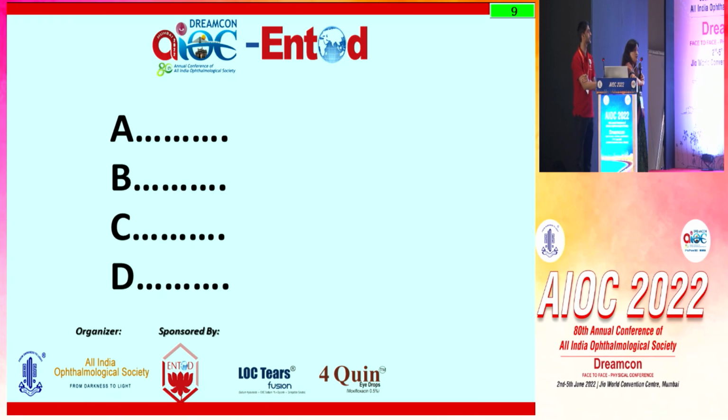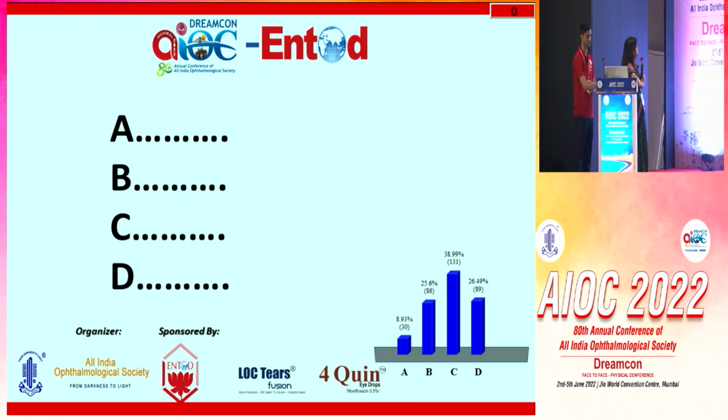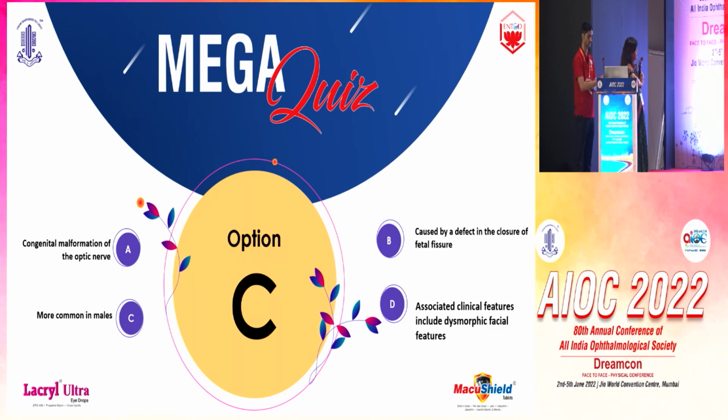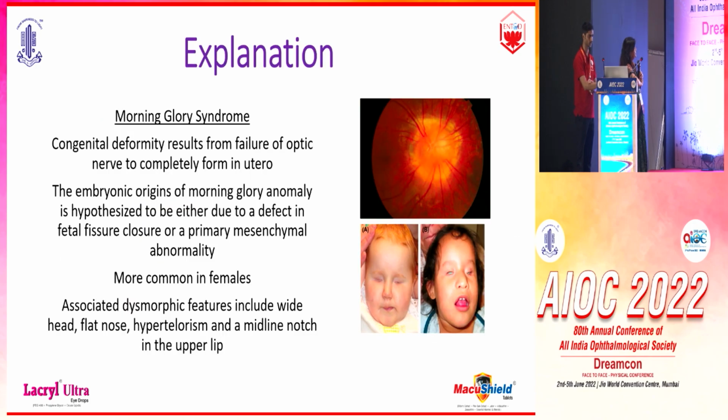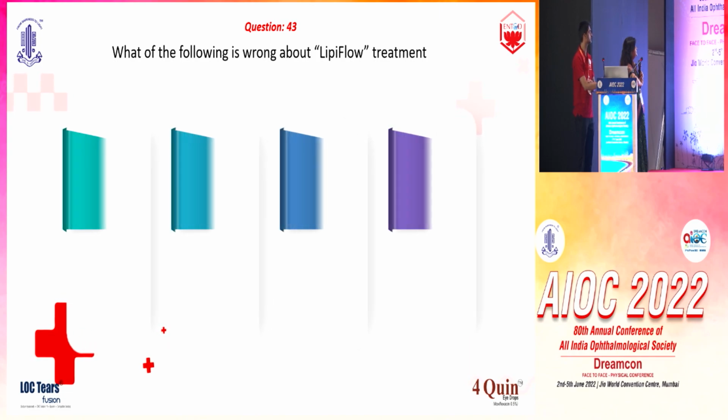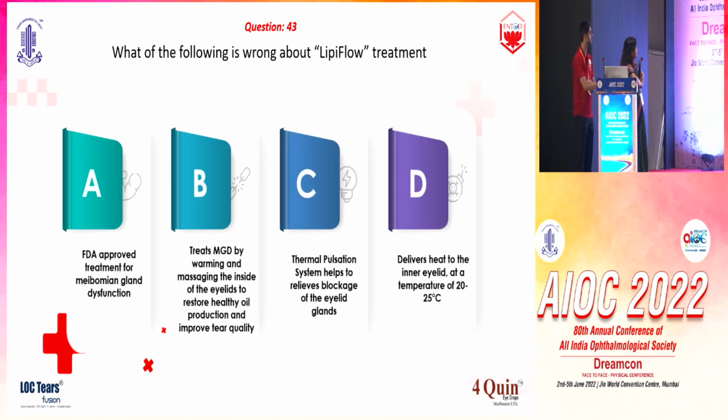The timer is not ticking. Okay, 40% of you have said C, and the answer is C. Okay, next slide. So these are the features of morning glory syndrome. I think again this is a fairly simple answer.